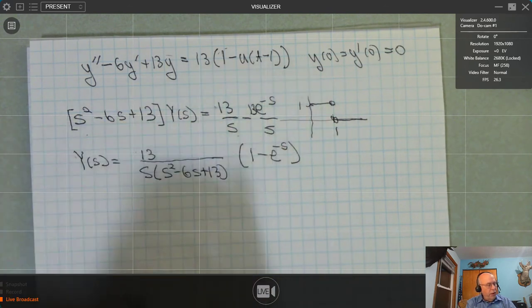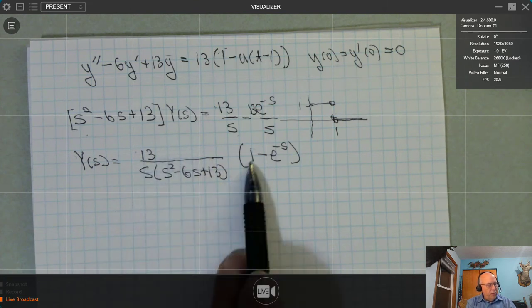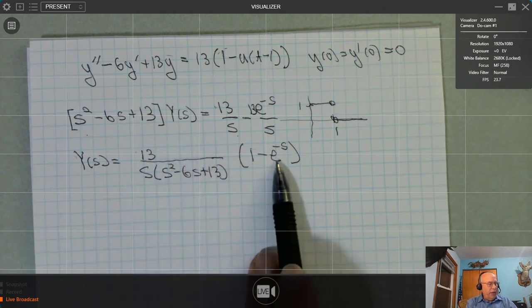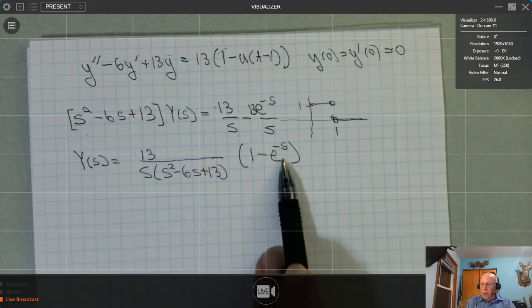So we're going to take the inverse transform of this fraction times 1, and then we're going to have to take the inverse transform of this times e to the minus s. Of course, that's not so difficult.